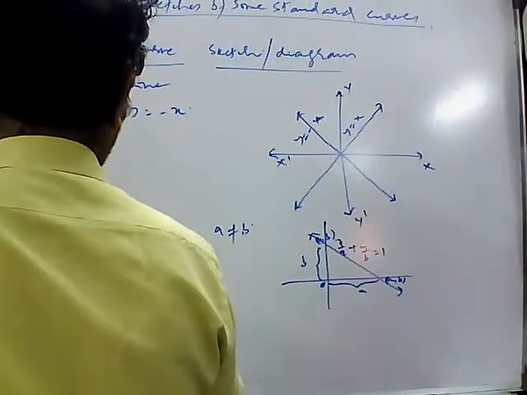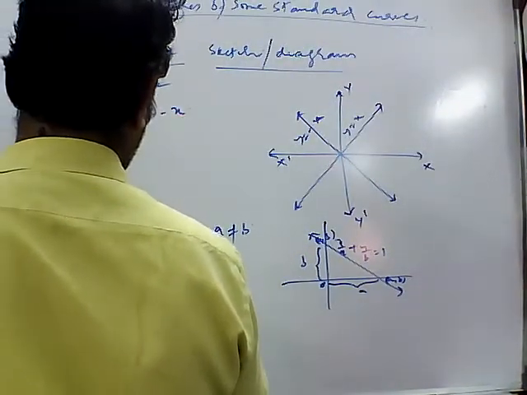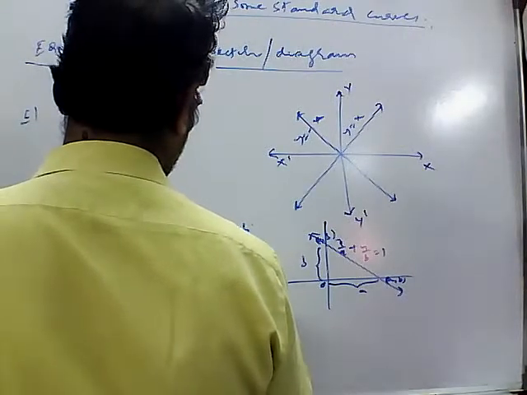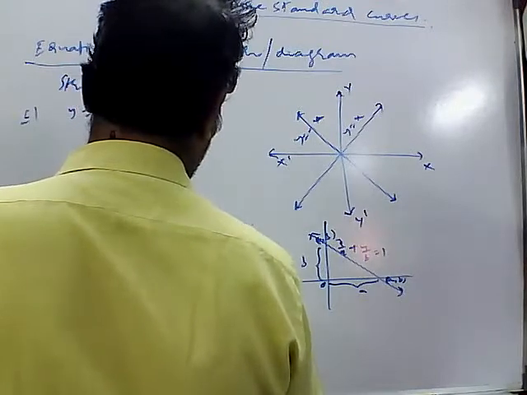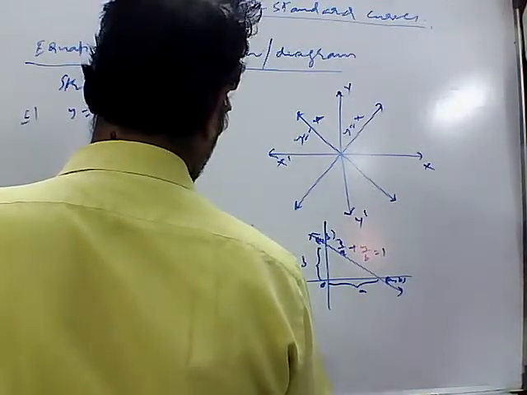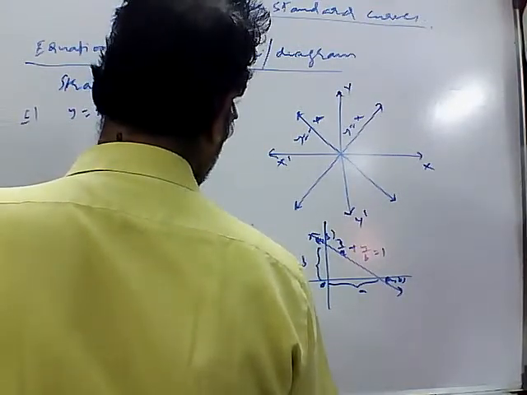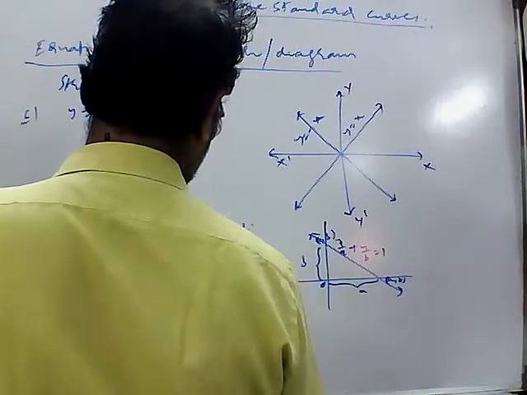Next, x by a plus y by a is equal to 1 if a is equal to b, or x by b plus y by b is equal to 1, that is, x plus y is equal to a, or x plus y is equal to b.